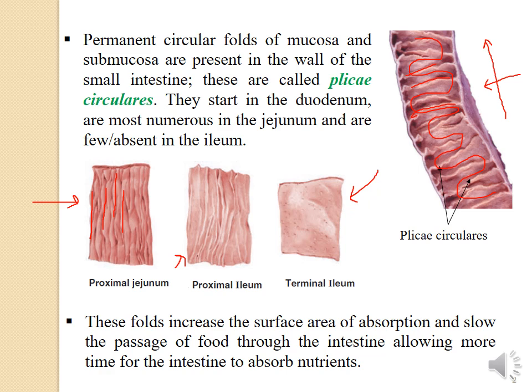And this is why these are most numerous in the jejunum, because most of absorption takes place in the jejunum. And this is why in the terminal ileum it is absent, because by the time food reaches this part of the small intestine, the absorption process has been almost completed and no folds are required.